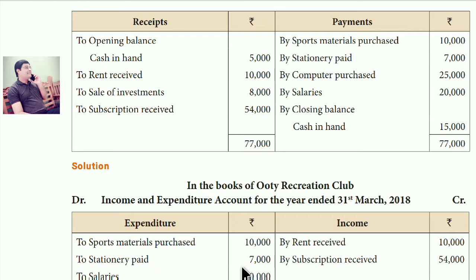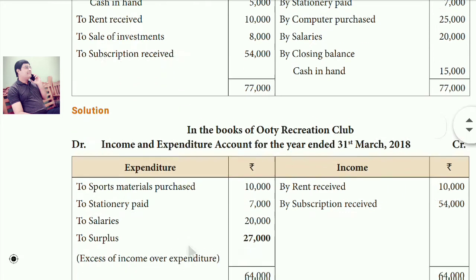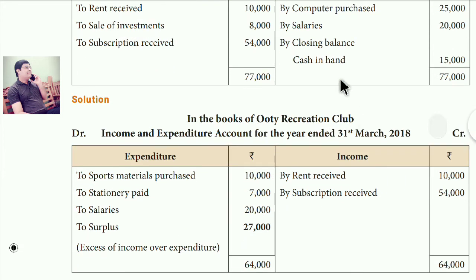Next one, computer purchase. Always remember, computer is an asset, so no need to write in the expenditure side. Next one, salary. Salary is an expense, so you have to write in the expenditure side.